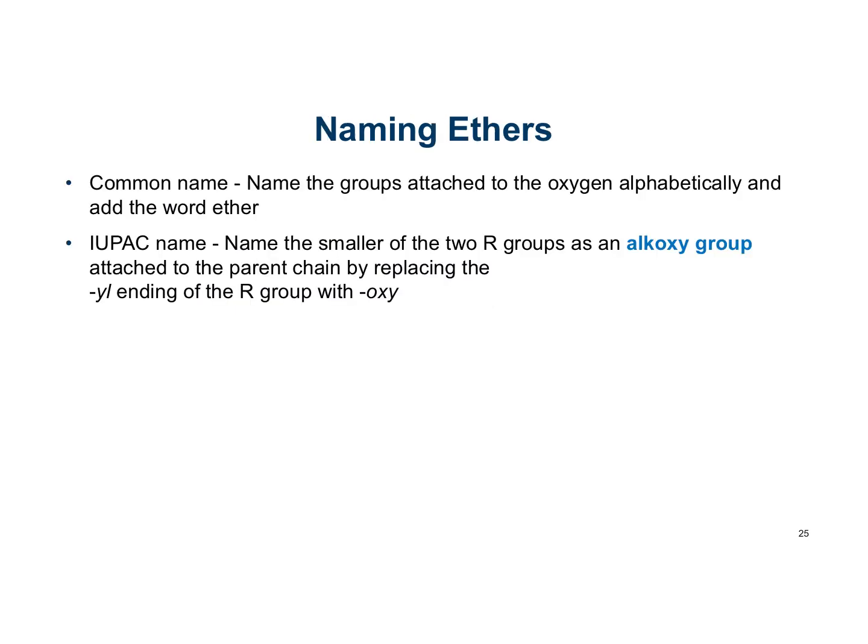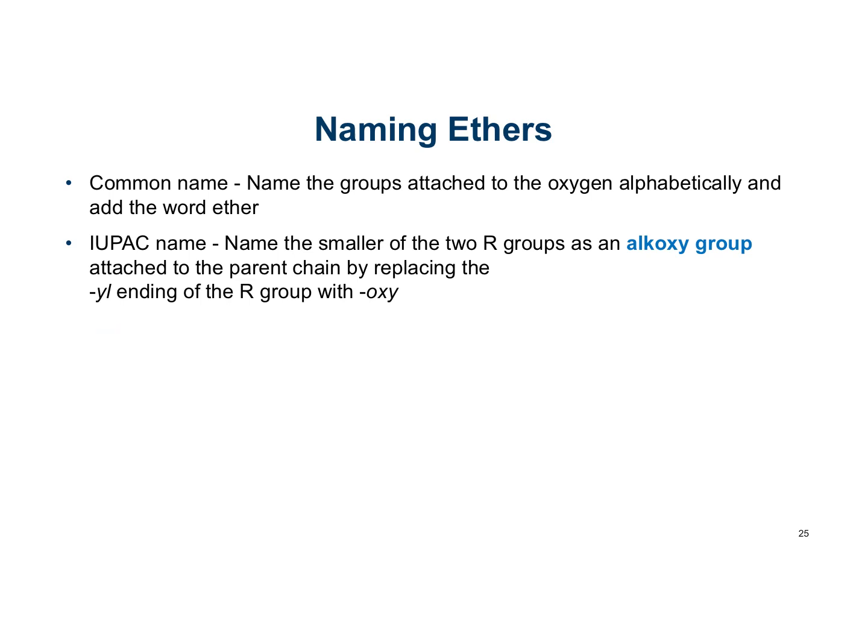Now, let's talk about ethers for just a second. Ethers were introduced at the start of this chapter as compounds whose formula contains an oxygen in the center. Common names for ethers are obtained by naming the two groups attached to the oxygen and then adding the word ether. So I want to show you an example.